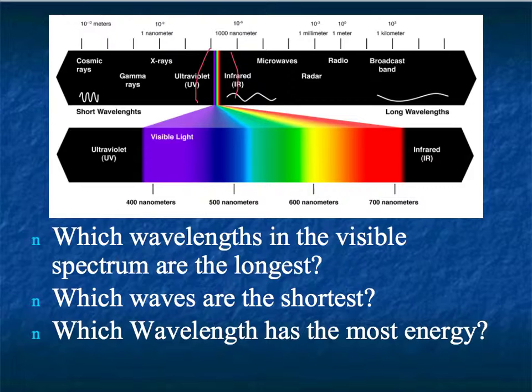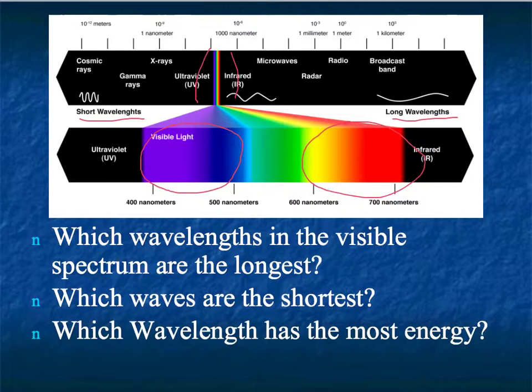If we notice over here, there's longer wavelength, these are shorter wavelengths. So in looking at the visible spectrum, which wavelengths are the longest? They're going to be right in here: the yellow, the orange, the red, and those that are going to be the shortest are our purples, blues, that type of thing.